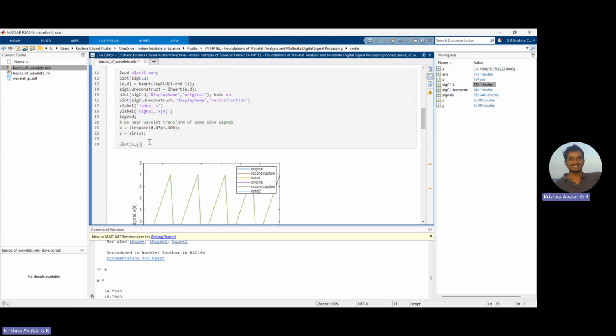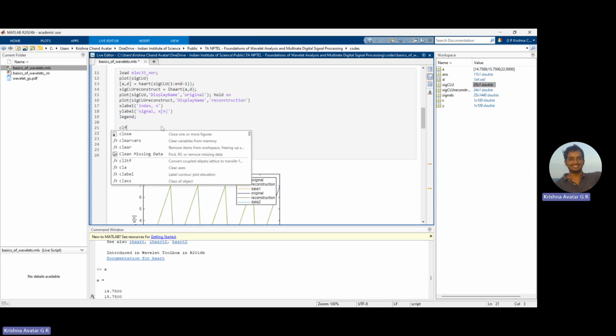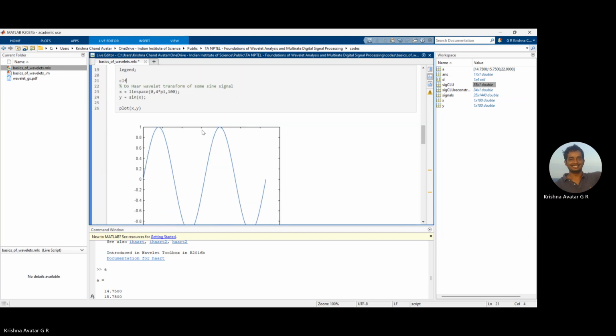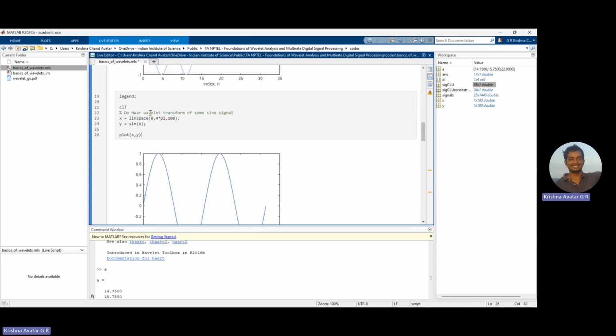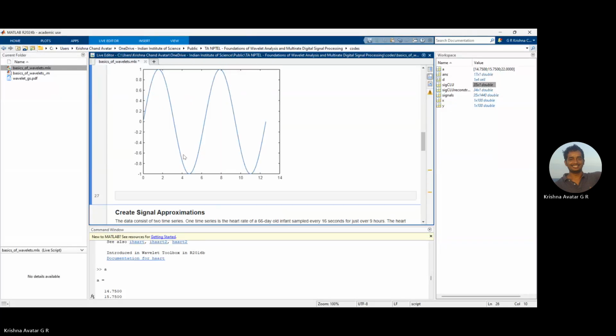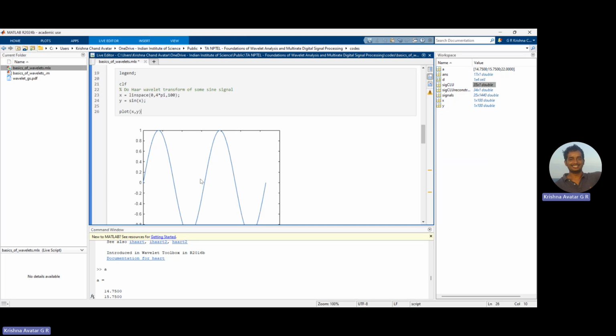Okay, I should clear the figure with clf. So that's how it looks like. Your signal sine x, right? And you see it's defined over 2 periods.